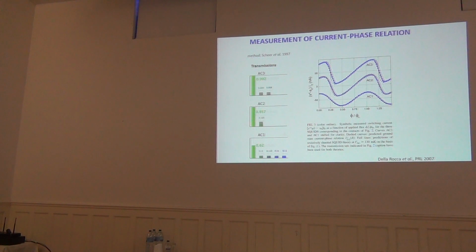In fact, as we said today, it is very hard to measure the critical current. So this is the switching current. I can comment on this, but in our case it is almost the critical current. What you see is that where the transmission is very high, one gets a current phase relation which is really non-sinusoidal. And as the transmissions go to a very small value, one gets something more sinusoidal, like a standard Josephson effect.